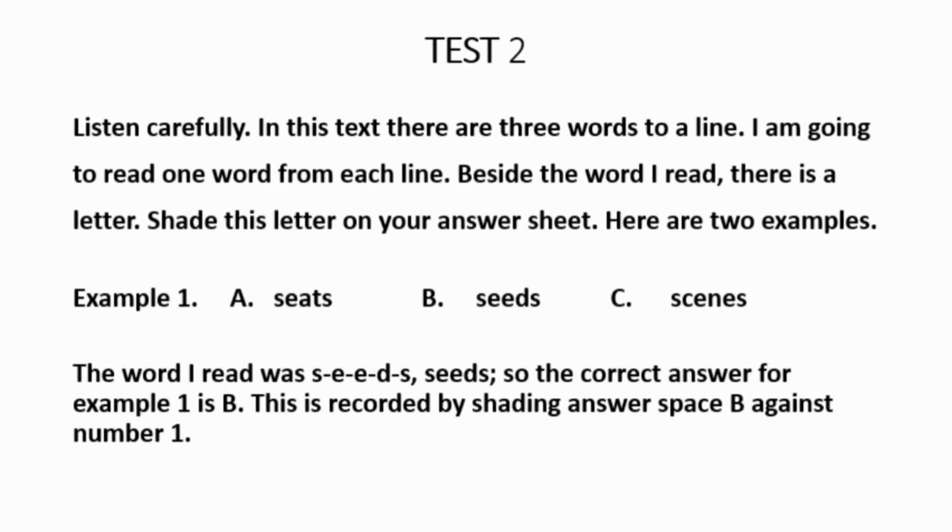Here are two examples. Example 1. Seeds. The word I read was S-E-E-D-S, seeds. So the correct answer for example 1 is B. This is recorded by shading answer space B against number 1.